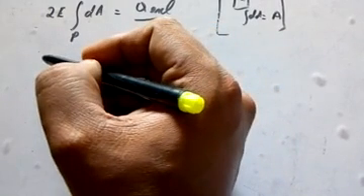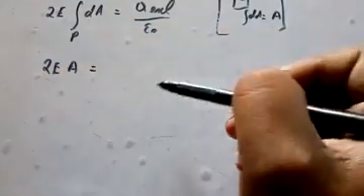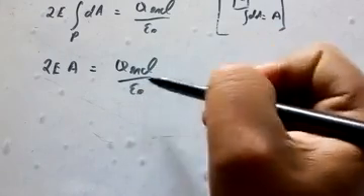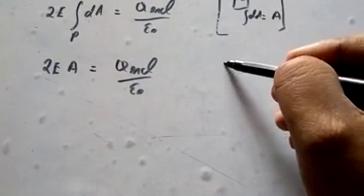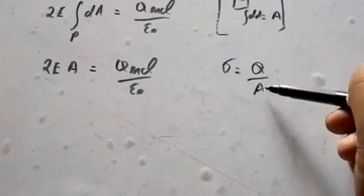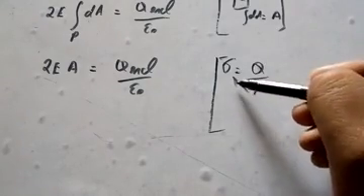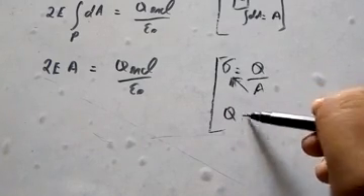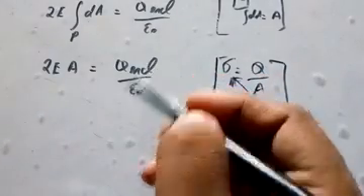So let me write that down. We have 2EA is equal to Q enclosed by epsilon naught. Now we know that surface charge density sigma is equal to Q by A. This we have learned earlier. Now you cross multiply this A upwards and rearrange: Q is equal to sigma into A. Now substitute in the equation.